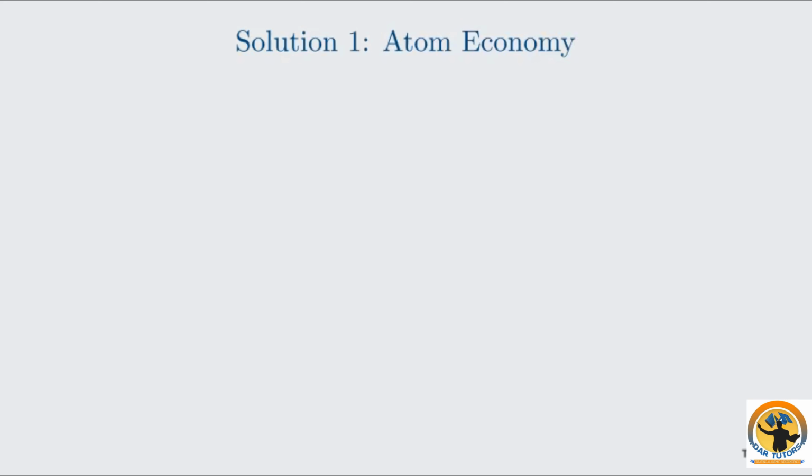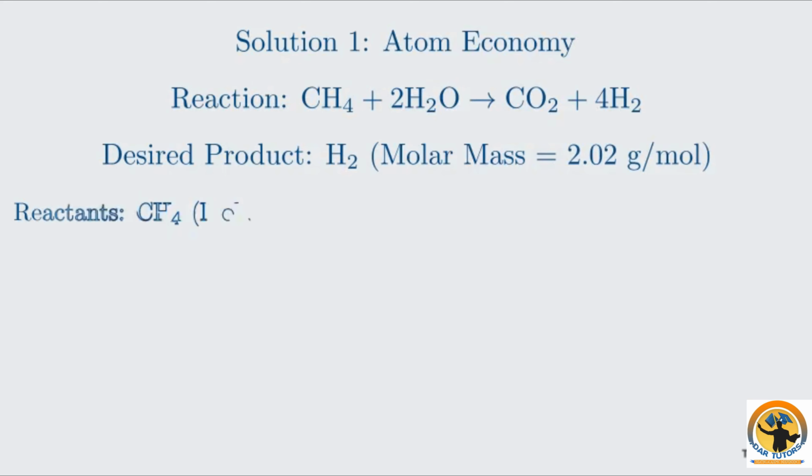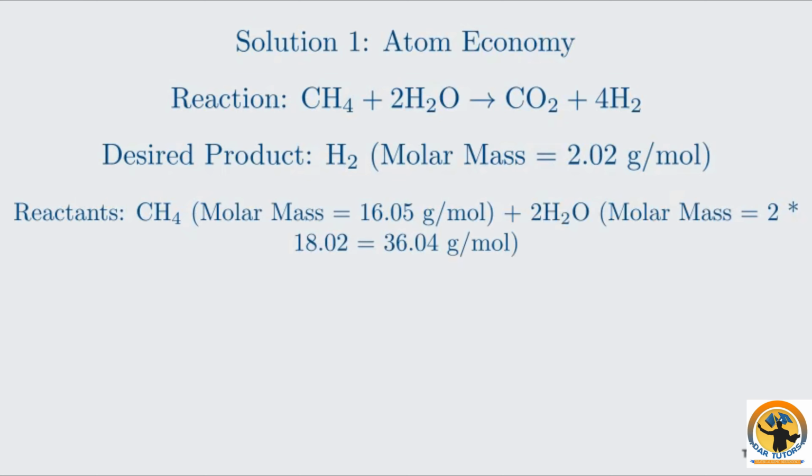For question 1, calculating the atom economy for hydrogen gas, we use the formula. The molar mass of the desired product, H2, is 2.02 grams per mole. We have 4 moles of it, so the total mass is 4 times 2.02, which is 8.08 grams.